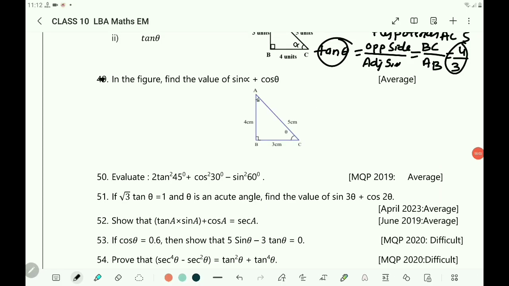Question number 49. In the figure, find the value of sin alpha plus cos theta. First you get sin alpha. Sin alpha means opposite side by hypotenuse.